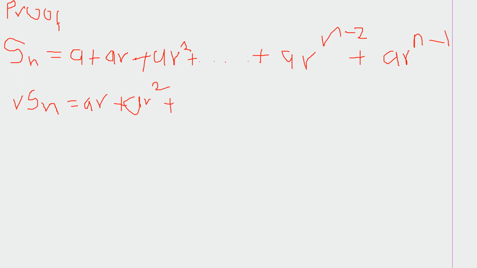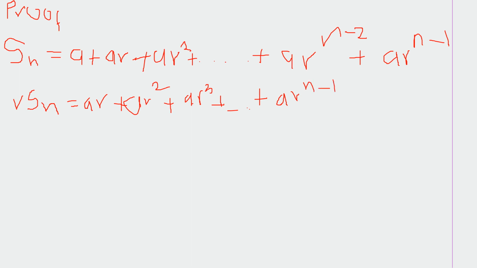And then also here is going to be ar cubed. And then plus, when we move forward like that, remember we are multiplying by r. So when you multiply the same base, you do what? You add the exponent. So basically we're going to have r all to the power of n minus 1.